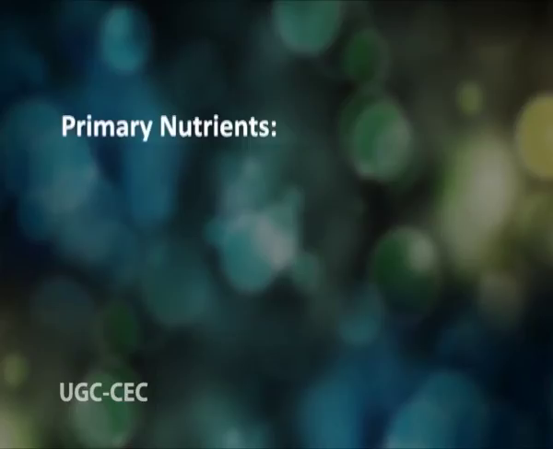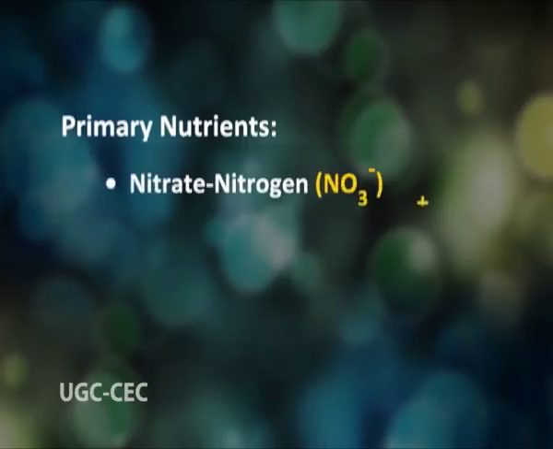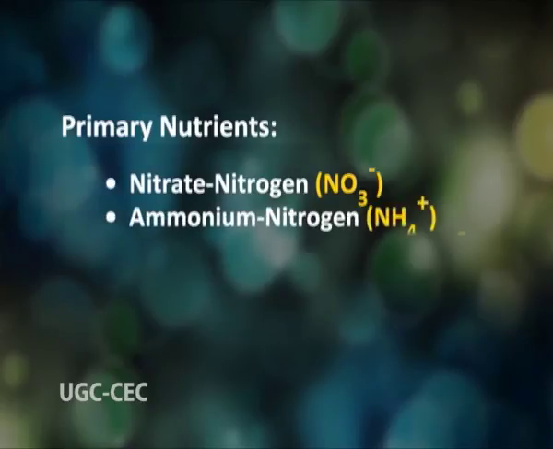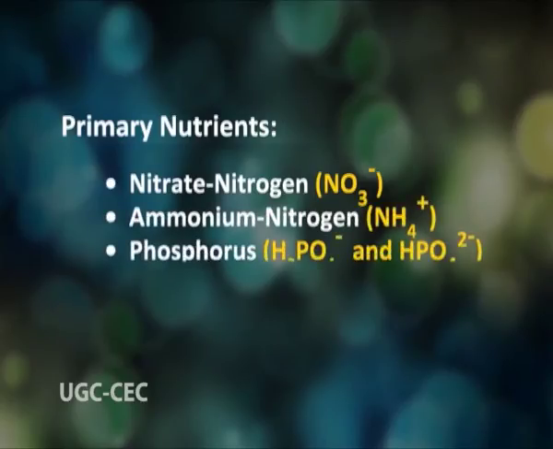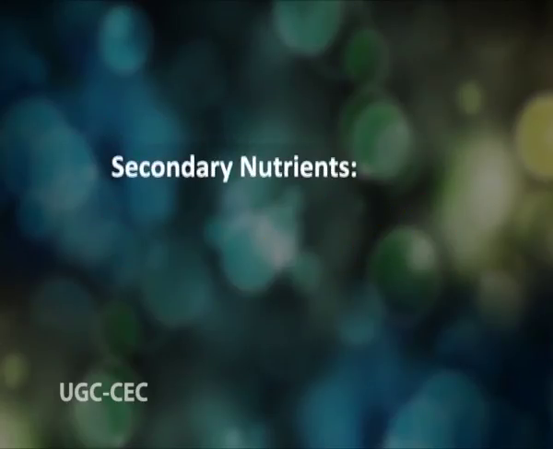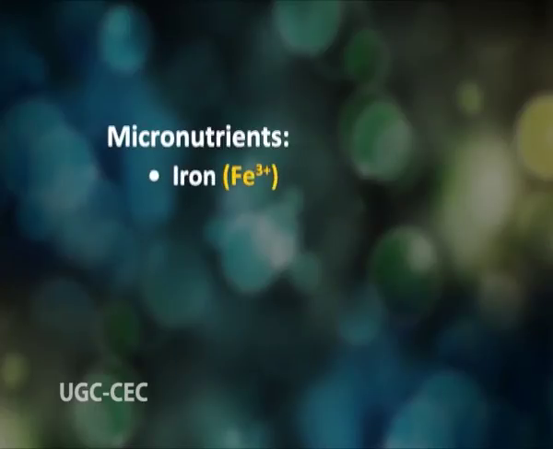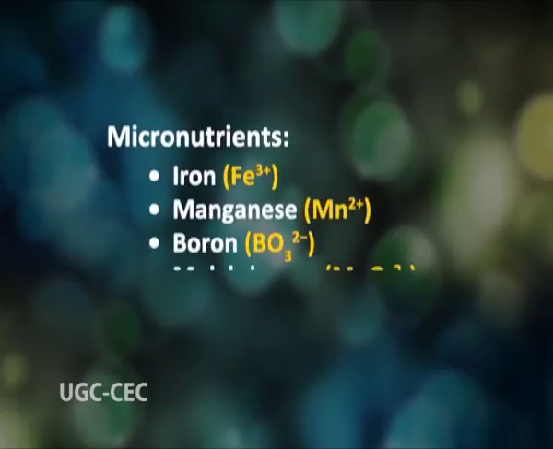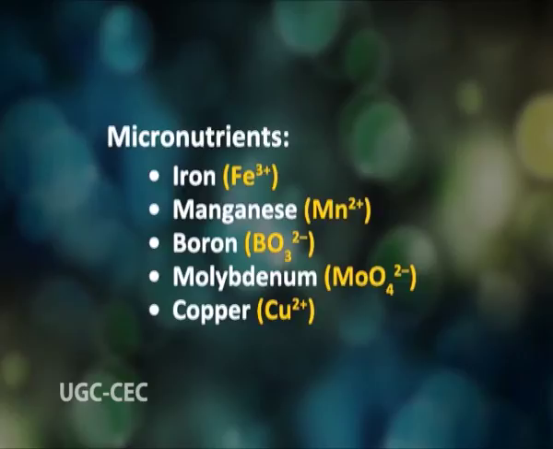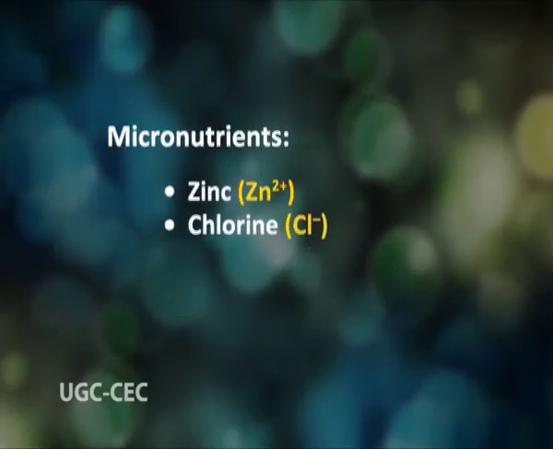The first one is nitrogen in the form of nitrate, nitrogen in the form of ammonium, phosphorus in the form of dihydrogen phosphate and hydrogen phosphate, and the potassium ions. The secondary nutrients include calcium, magnesium and sulfur. The micronutrients include iron, manganese, boron, molybdenum, copper, zinc, chlorine, nickel and cobalt.